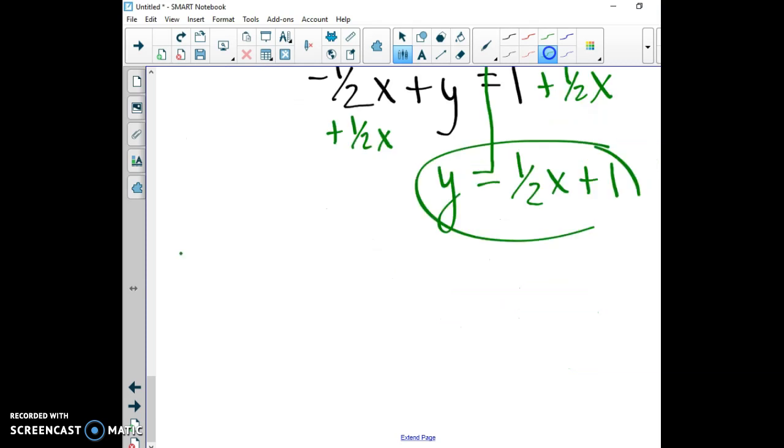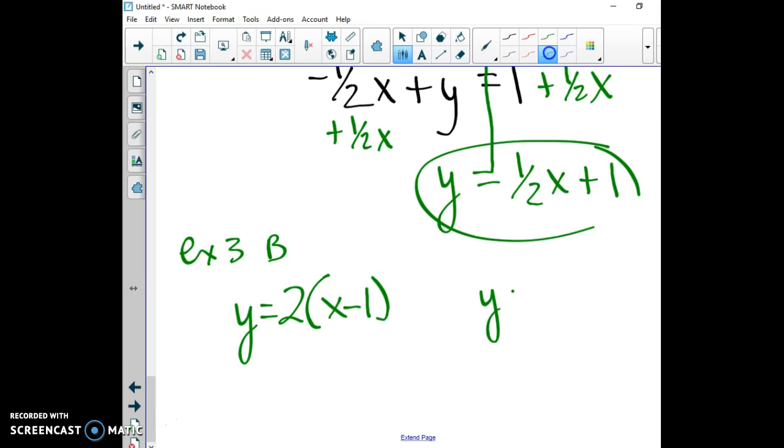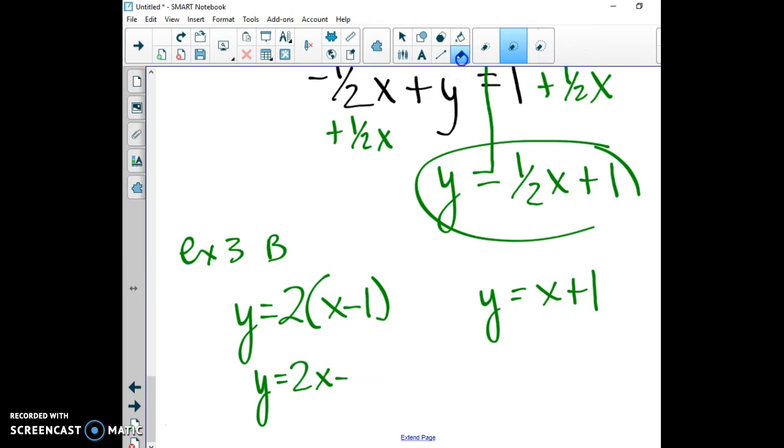Part B, this is example 3, second part, part B. I see y is equal to 2 times x minus 1, and y is equal to x plus 1. Well, over here, if we simplify it, we see 2x minus 1. Nope, not 1. Must be late in the day. 2x minus 2, and y equals x plus 1.